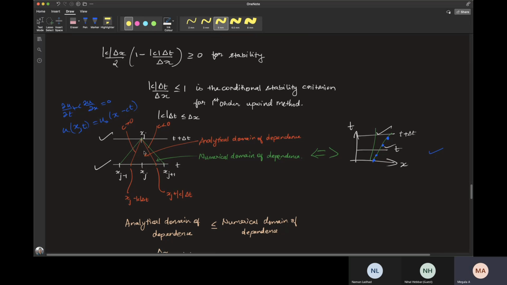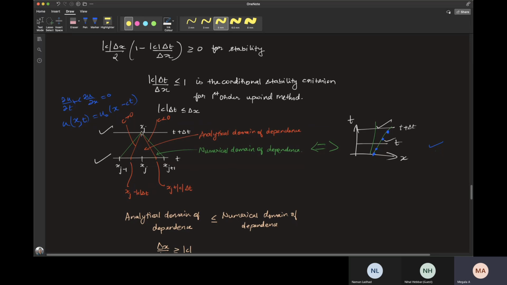And physically either of these red lines will be passing through your point xj, and now that point xj is here. Suppose this is the characteristic that is passing through xj, then at t it passes through this point, which is xj minus mod c delta t.